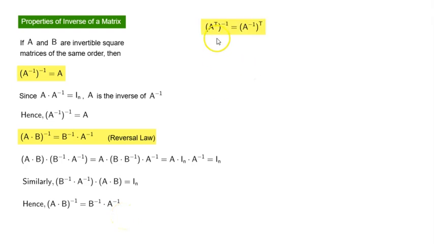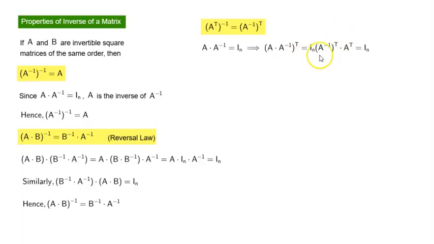The third one, transpose of A inverse, or we can say inverse of A transpose is equal to the transpose of A inverse. So A times A inverse is equal to I sub n implies (A times A inverse) transpose. So we are taking the transpose of the left hand side is equal to I sub n, which gives (A inverse) transpose times A transpose.